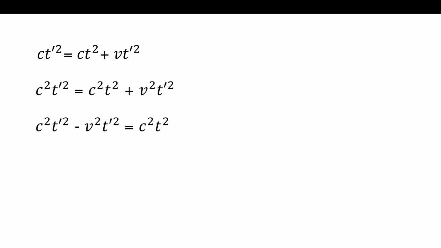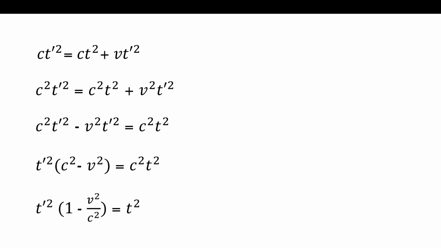Now we have a t prime squared on both sides, so we can factor it out. Once we have this factored out, we divide everything by c squared, and that gives us t prime squared times (1 minus v squared over c squared) equals t squared. Now we divide by 1 minus v squared over c squared on both sides to get t prime squared equals t squared over (1 minus v squared over c squared).